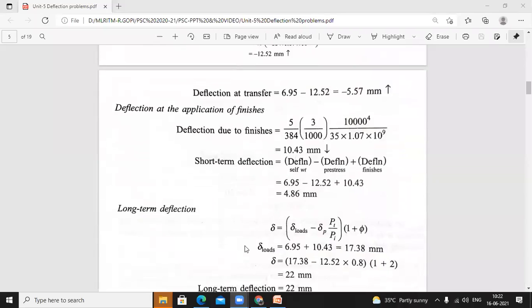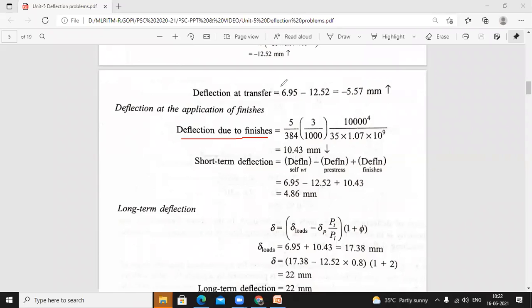Next, deflection at the application of finishes. Since there will be an external live load acting, 3 kilonewton per meter, we have to calculate that deflection also. Since it is a UDL load of 3 kilonewton per meter, again the same formula, 5 by 384. Actually this formula is applicable for both dead load and live load.